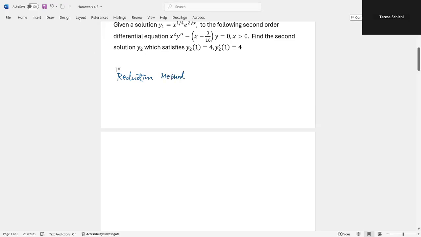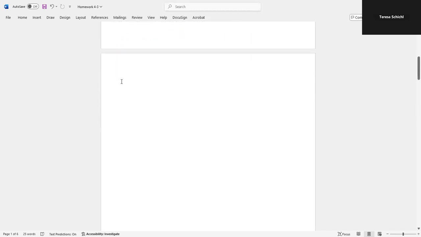Step number one: I want to find my second solution, so I say y2 is equal to some function of x, which I call v(x), times your first solution. That is always the first step to start.